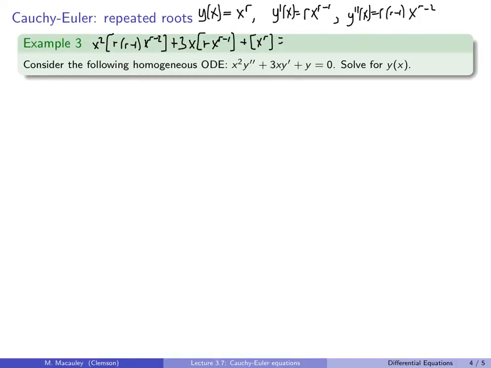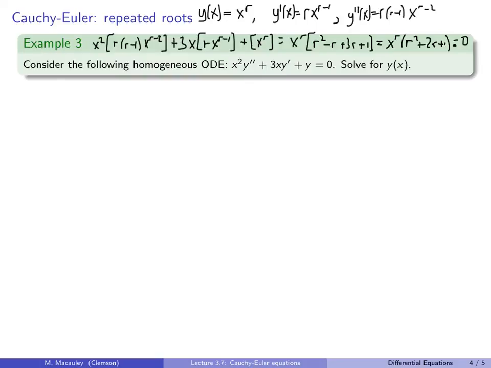If we simplify this, we have an x to the r in every term, and we can factor it out. How many r's do we have? We have r squared minus r plus 3r plus 1. So this is x to the r times (r squared plus 2r plus 1) equals 0.